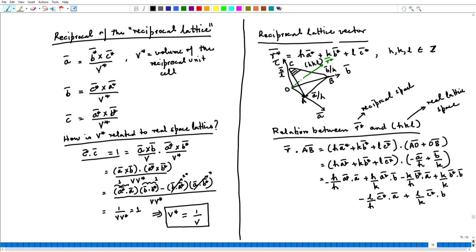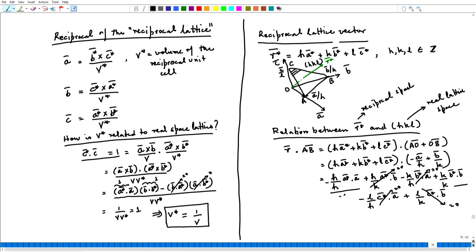Very clearly, most of the terms will go to 0, because A star dot B is equal to 0, this is 0, this is 0, this is 0, and this is 0. What is left are only two terms.